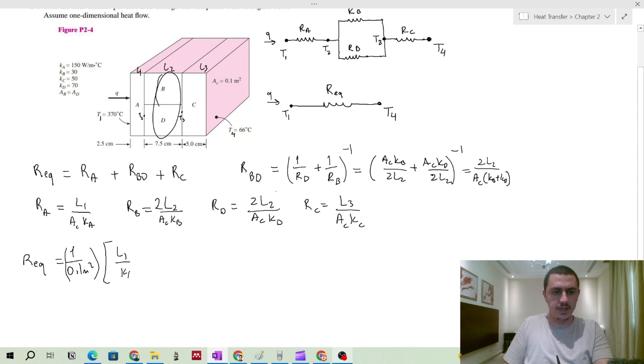L1 over KA, which is 0.025 meter over the conductivity of A, which is 150 watt per meter degrees of Celsius, plus you have RBD, which is 2 times L2, 0.075 meters over KB plus KD.